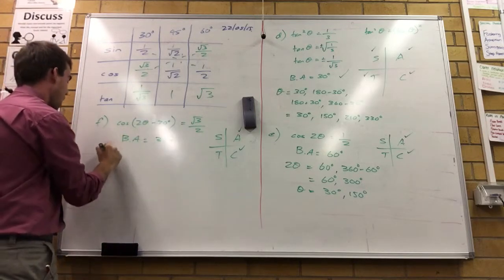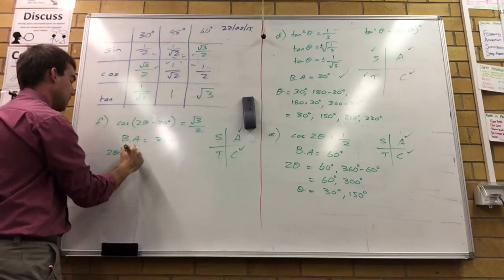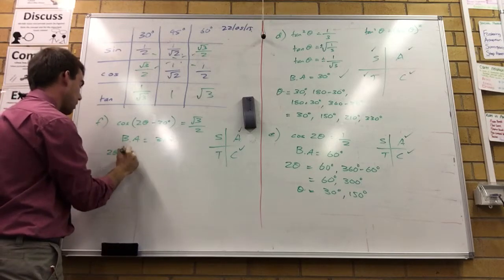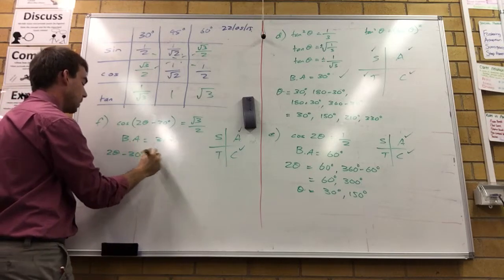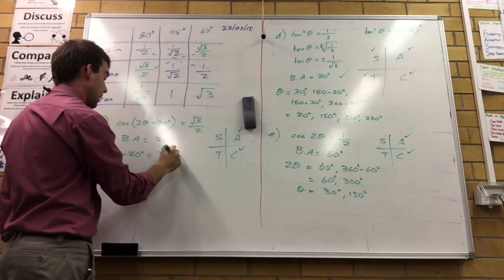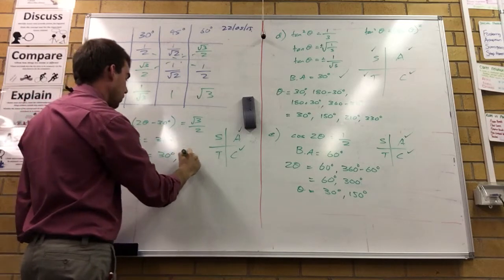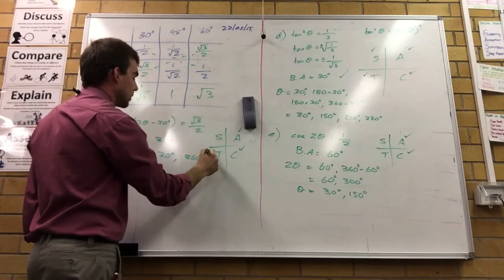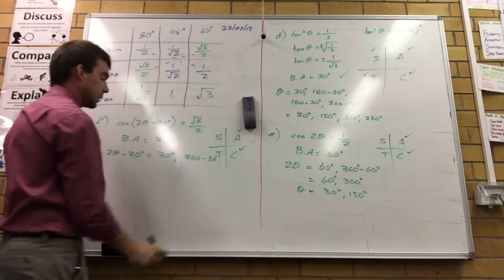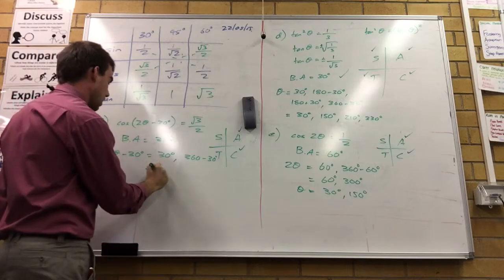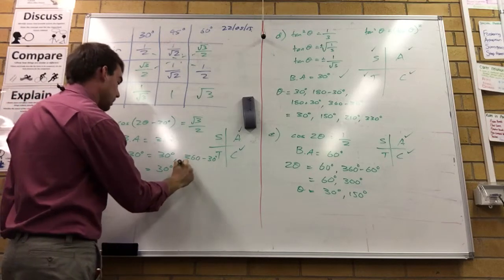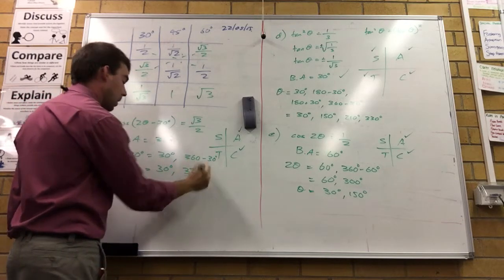So inside that bracket, 2 theta take away 30 degrees is going to be 30 degrees, and also will be 360, because the angle in the 4th quadrant, take away 30 degrees, is 330 degrees.